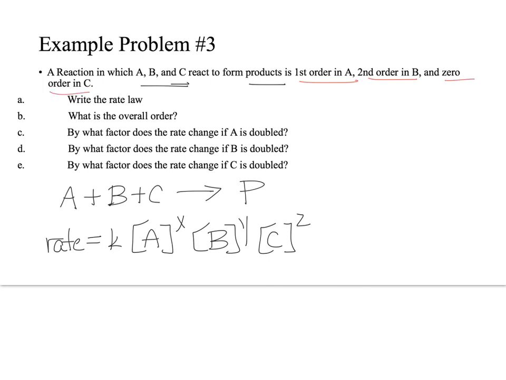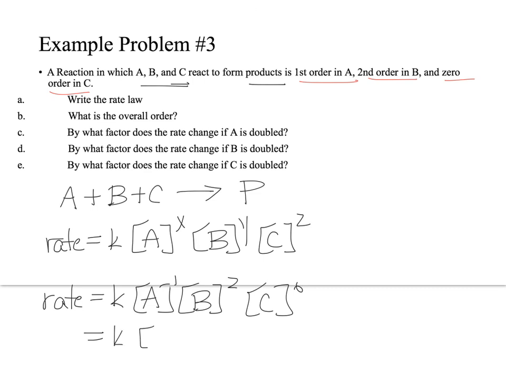So now I want to rewrite this to reflect those orders. Rate is equal to K times A to the first power, which we don't have to show that 1 there. It is understood, so I'll go ahead and erase that. And it's second order in B. And then in C, it is 0 order.